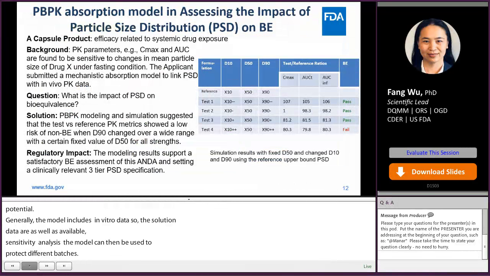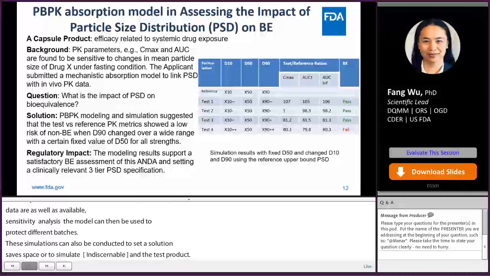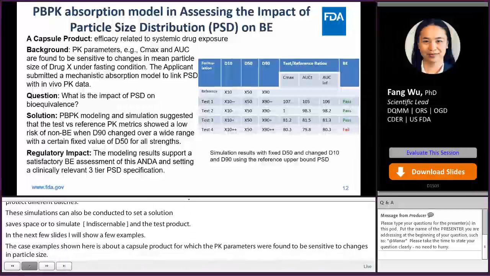In the next couple of slides, I will show a few examples of using PBPK absorption models in regulatory work. The case example shown here is about a capsule product for which the PK parameters were found to be sensitive to changes in mean particle size of drug X under fasting condition. The applicant submitted a mechanistic absorption model to link particle size distribution with in vivo PK data.